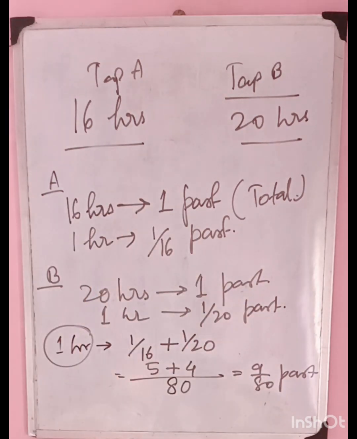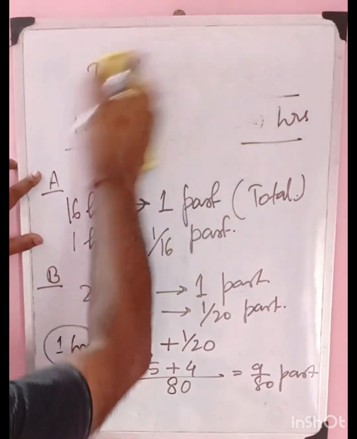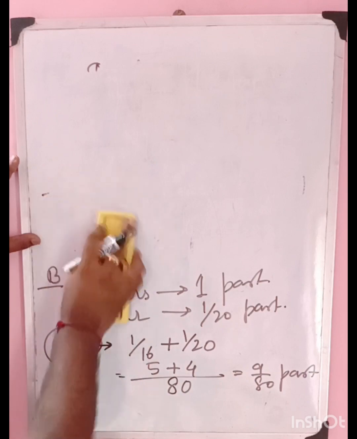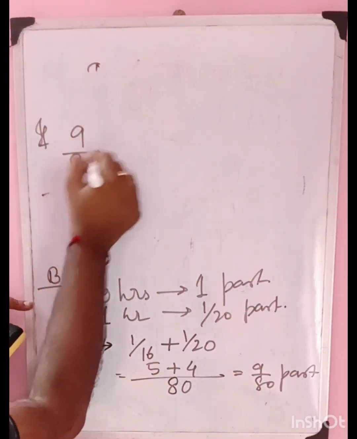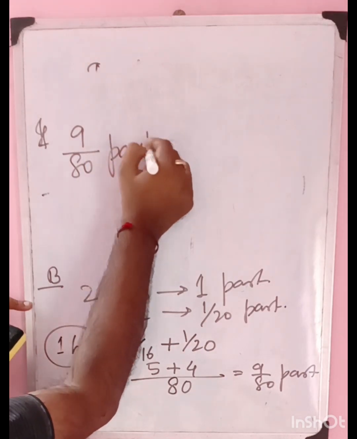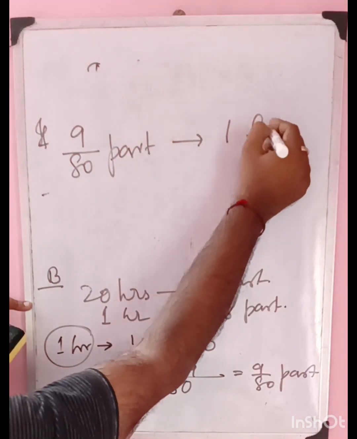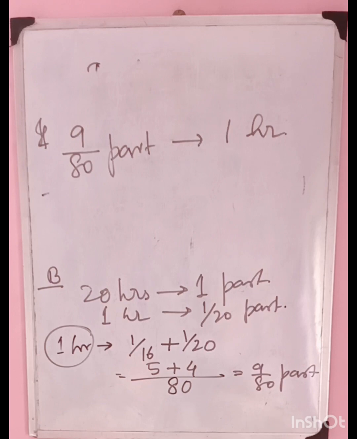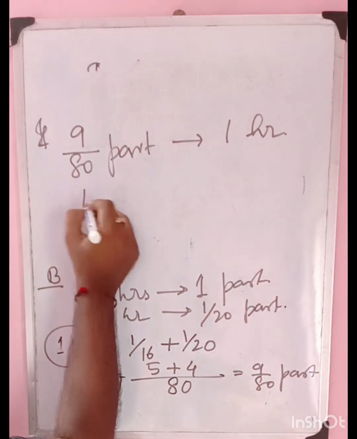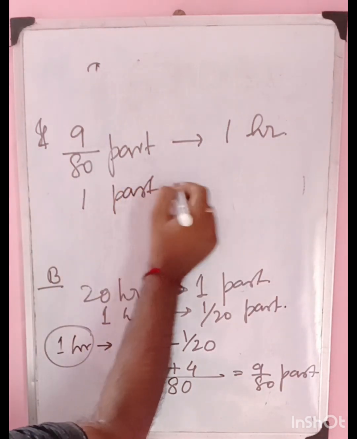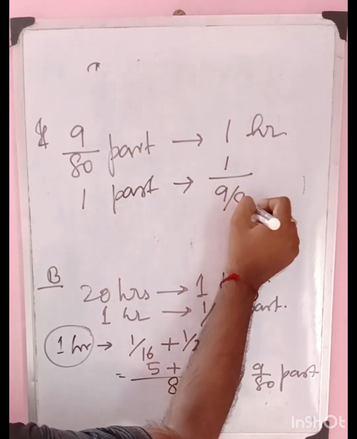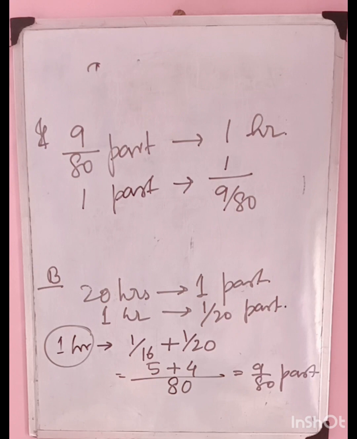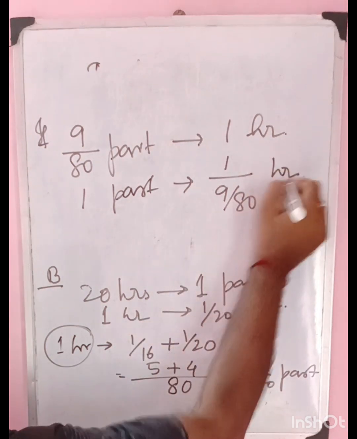Now, you can take this part to the left side and find out the time. That is, if 9 by 80 part is filled up in 1 hour, then the total, that is one part, is filled up in 1 by 9 by 80 hour.